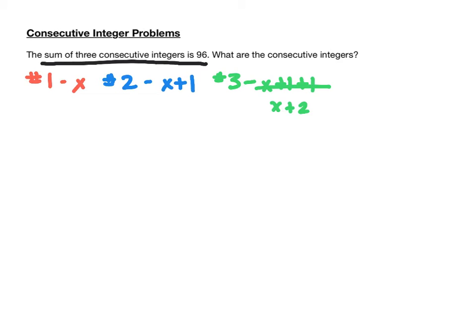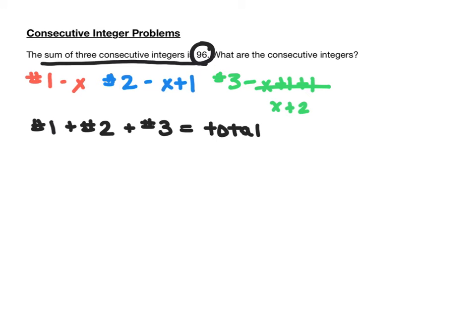So now if I want to find the sum of the three consecutive integers, I'd have the first number plus the second number plus the third number, and it all equals our total, which we previously found was 96.